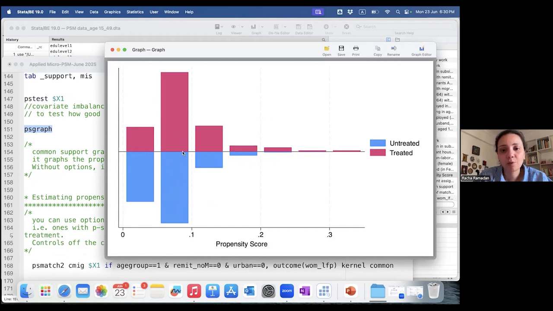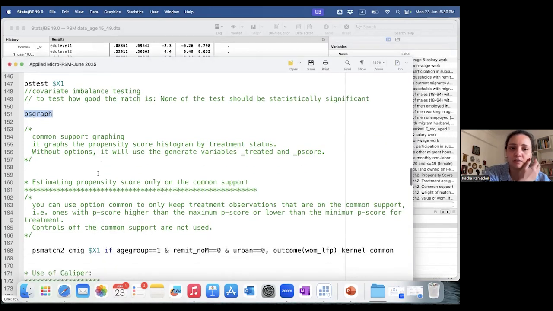Here we have more treated who have values, but they don't have corresponding untreated. So here are the ones that you should compare or match between. Everyone in this red bar can be matched with anyone in this blue bar based on the methodology you are using. Okay, so this is the one that shows you the common support.